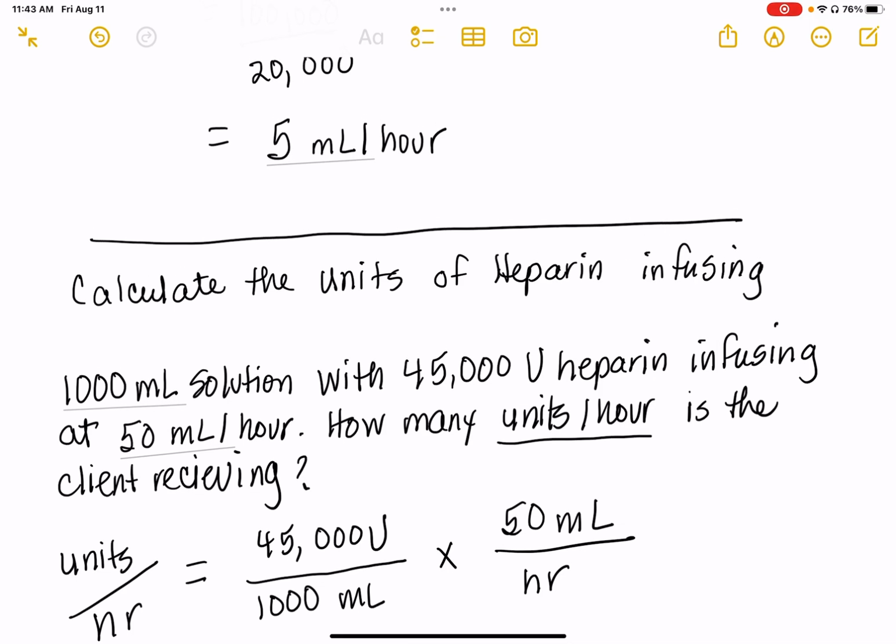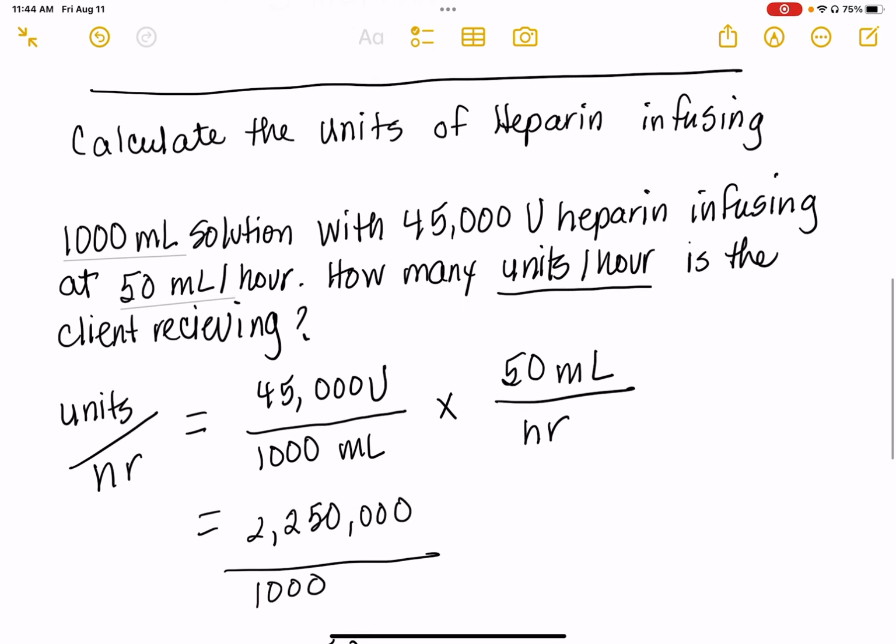Once again, put your units an hour, what you're looking for, on your left side. We have 45,000 units. We have that over 1,000 milliliters. And then we multiply that times 50 milliliters over an hour.